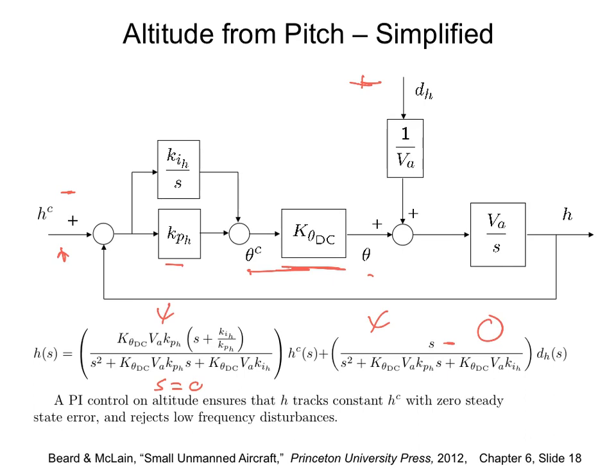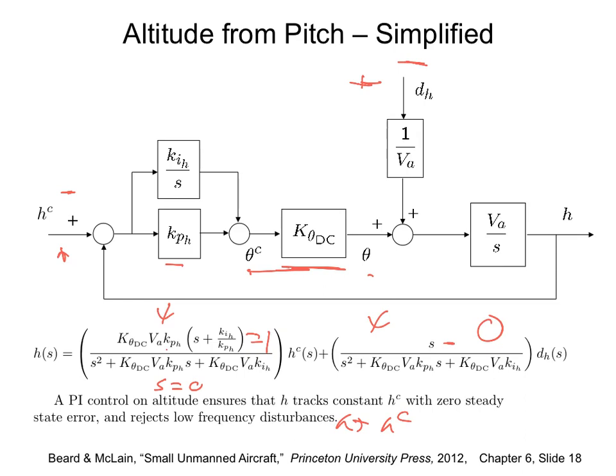And this goes to 1. So this is equal to 1 and this is equal to 0. That's what we wanted: height goes to height commanded, and the disturbance is rejected. That's the objective. Perfect.